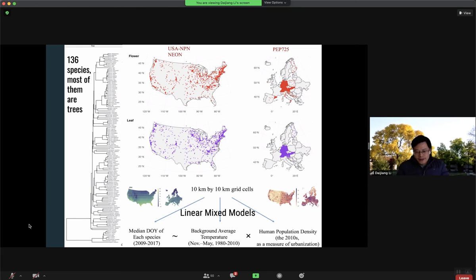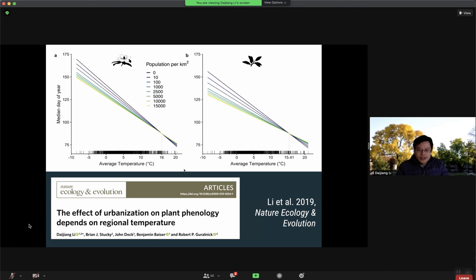And I'm looking at how human population density, which I use as a measure of urbanization, interacts with the background temperature. If there's a significant interaction, then that indicates that the impact of urbanization on phenology changes across different regions.